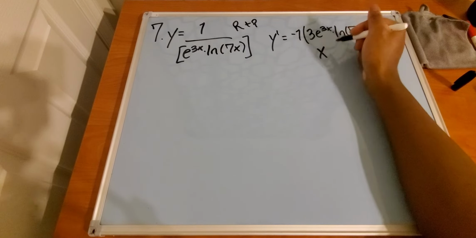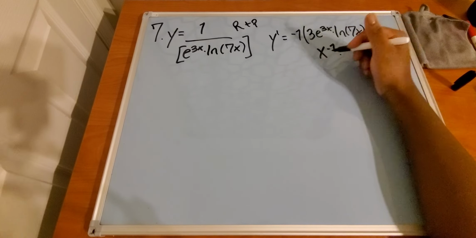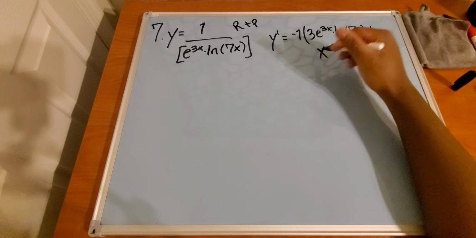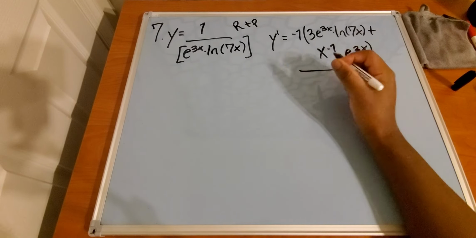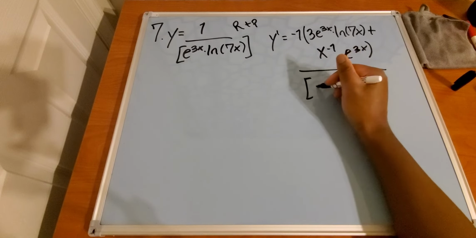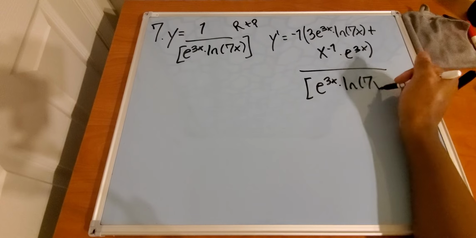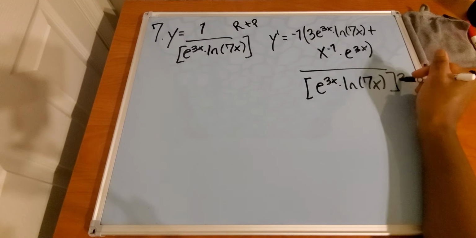I'll just say x to the -1 times the first function, e to the 3x, and that is the entire numerator part. And all of this is over the denominator squared. So e to the 3x times the natural log of 7x, and all of that is squared.